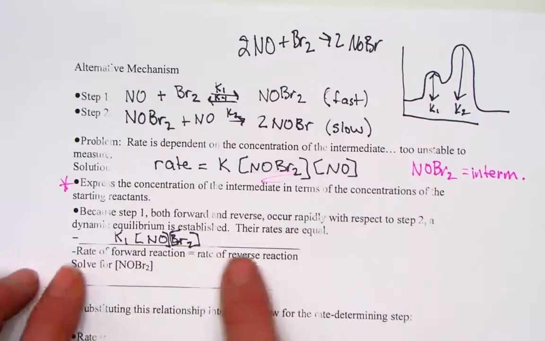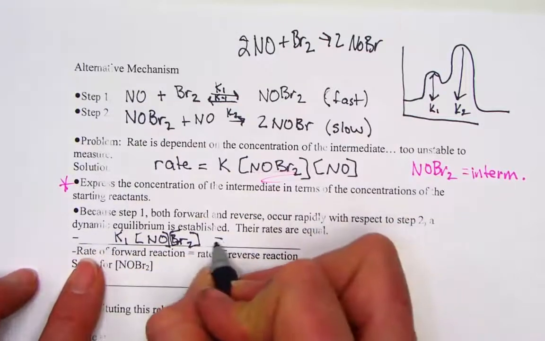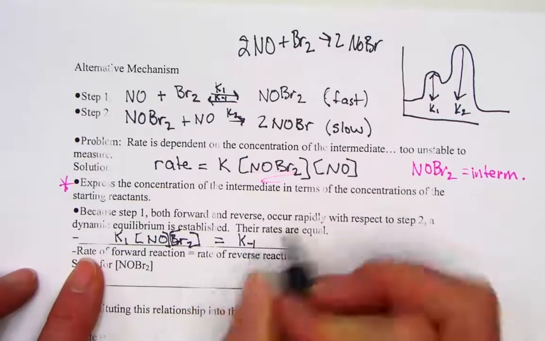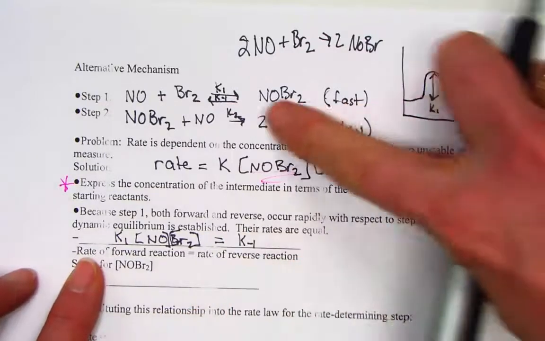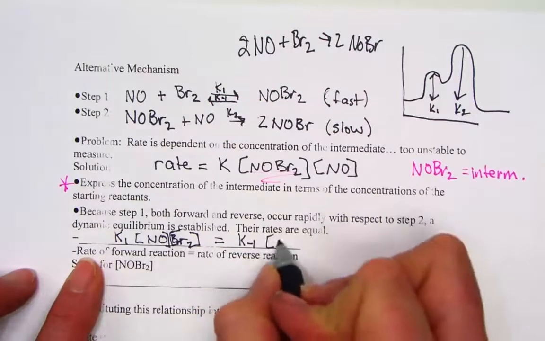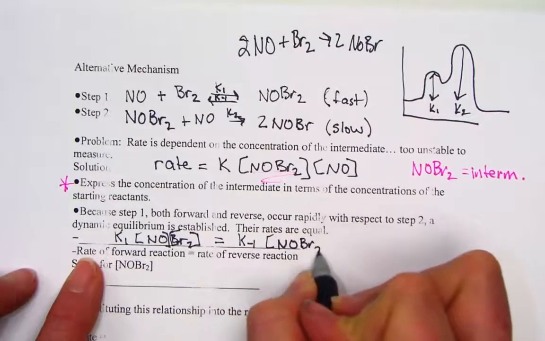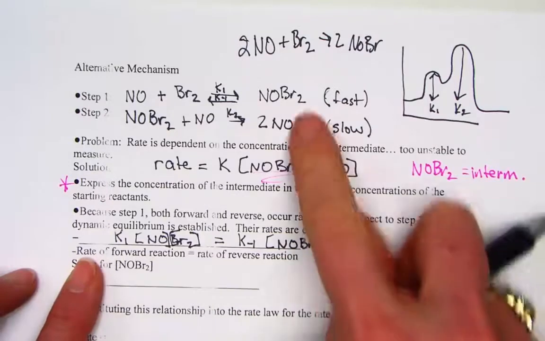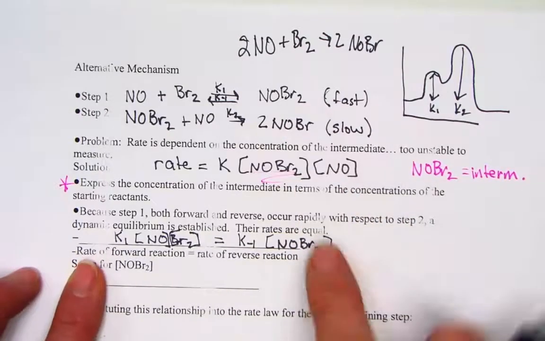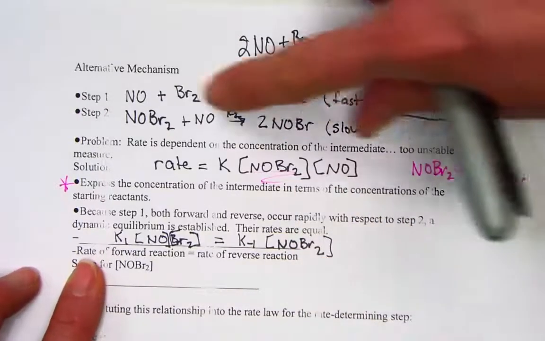This is the forward direction. And since their rates are equal, I'll set that equal to k-1, the opposite direction. And now what we have is NOBr2, again first order with respect to the reverse reaction. So I'm simply looking at it from right to left.